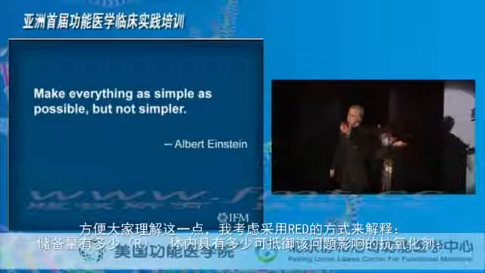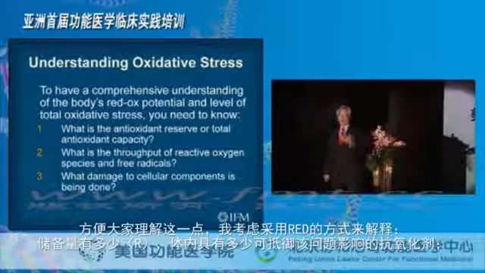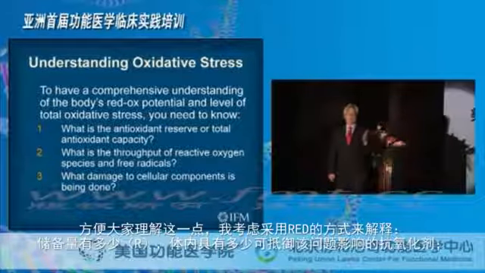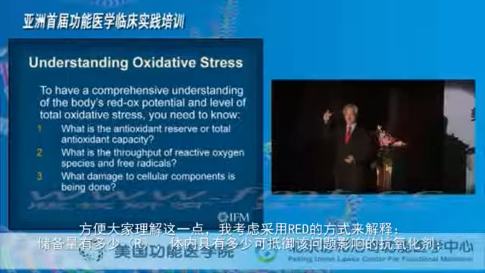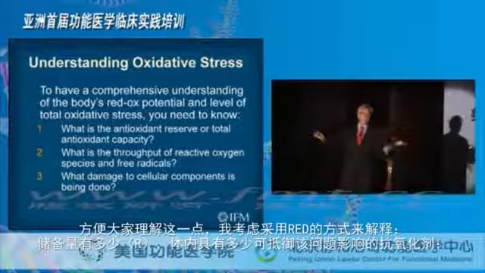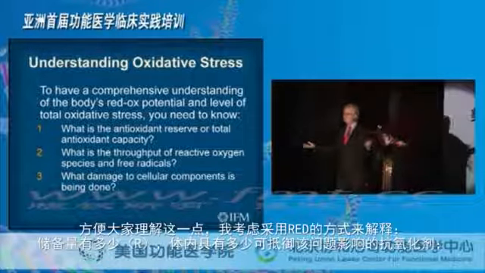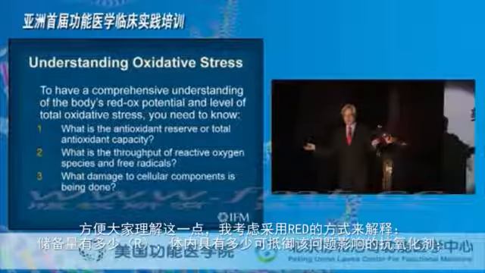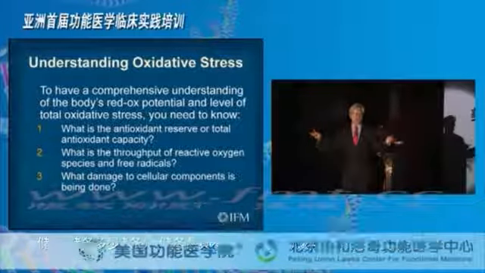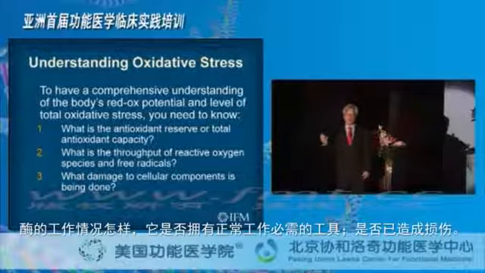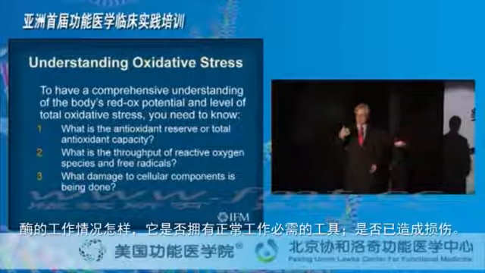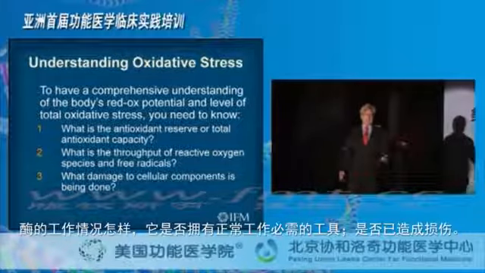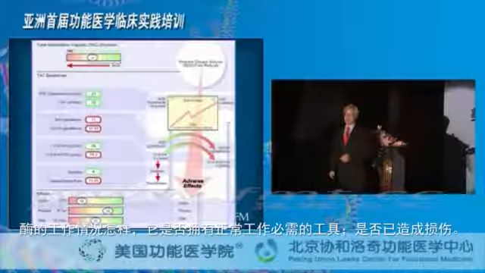So in trying to make this simple to understand, the way in which I think about it is I think about R-E-D, and that is, what is the reserve? How much antioxidants do we have to be able to fight the problem? How are the enzymes working, and do they have the tools necessary to work properly? And is there any damage that's already occurring?